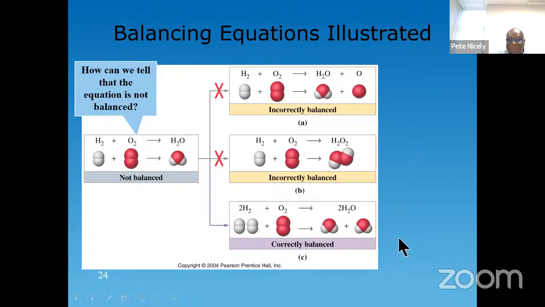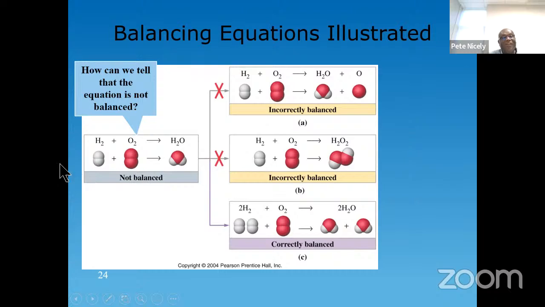It's supposed to show you that no atoms are created or destroyed as you go from the reactants to the products. So let's look at this example, the reaction between hydrogen and oxygen to form water. This is the unbalanced equation: we have hydrogen, H2, oxygen, O2, and then H2O on the right side.